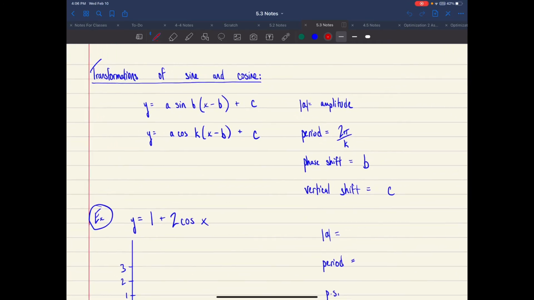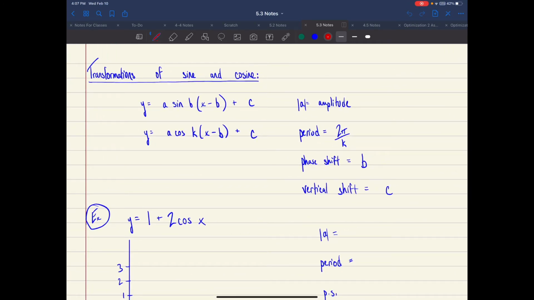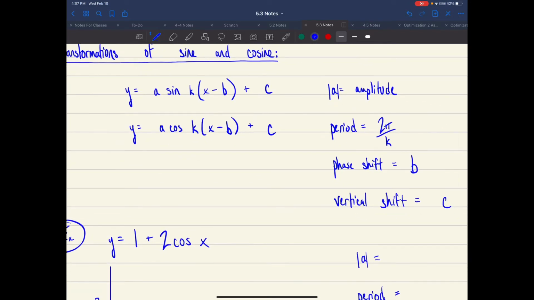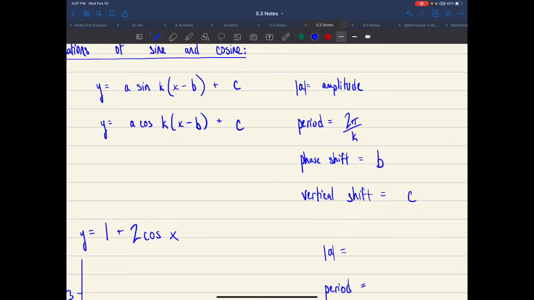Okay, so transformations of sine and cosine. I wrote all this out. Keep in mind, these variables might be different in other instances. I need to adjust this one actually. It should be a K. Okay, so A, K, B, and C. Some books use these same variable letters and others use different ones.